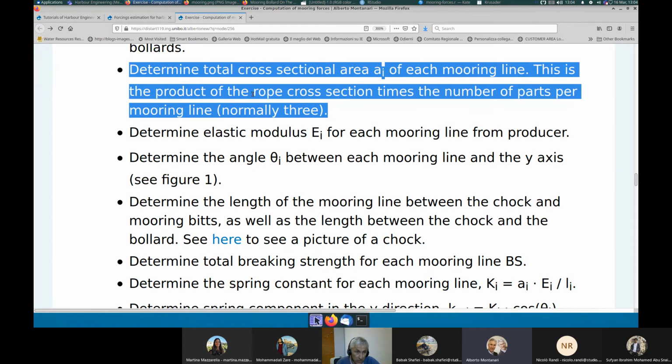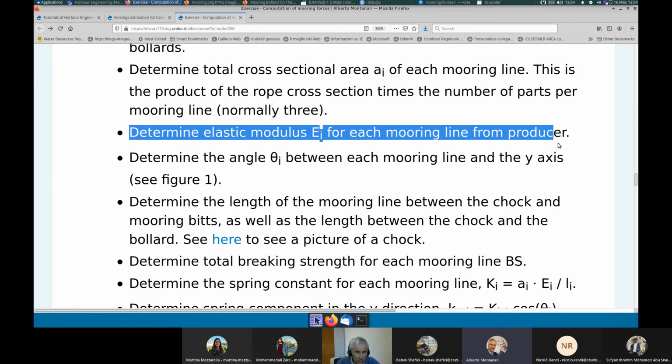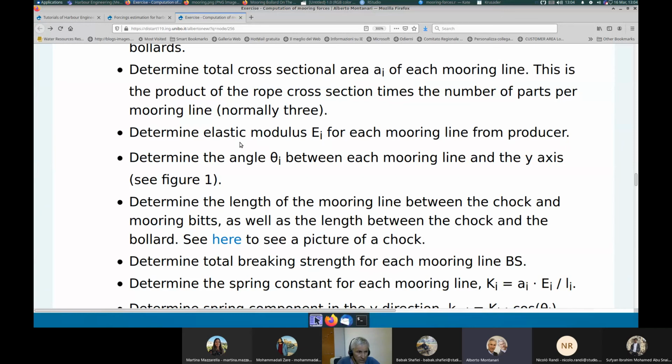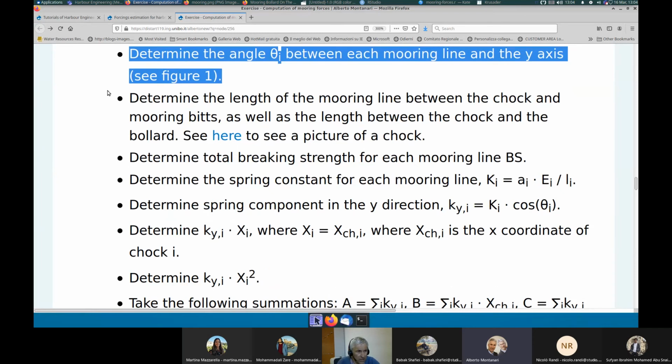And this is the product of the rope cross sections times the number of parts per mooring line, normally 3. Fine, this is not difficult. Determine the elastic modulus, fine, we have it. Determine the angle theta i between each mooring line and the y-axis, fine, we have it.